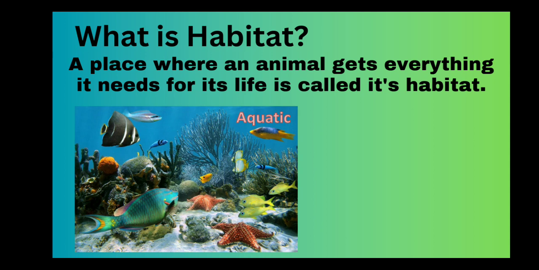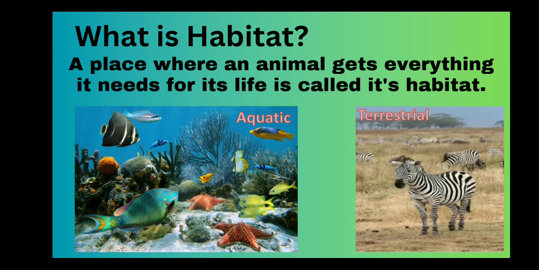You can see this is an aquatic habitat where all the animals can live in water. Aqua means water. So aquatic is of the water. So these are all animals of the water. And there is another type of habitat which is called terrestrial. And terrestrial means land. So animals that live on land, they live in terrestrial habitat.